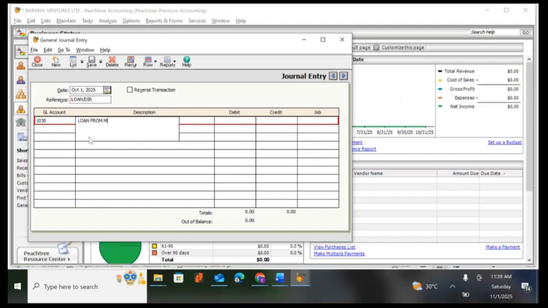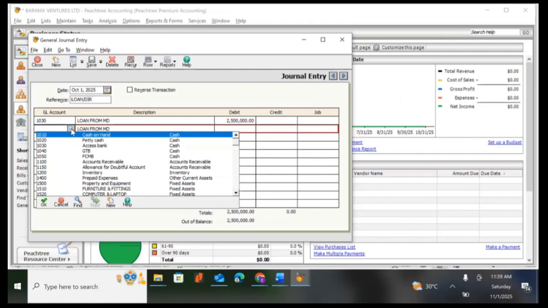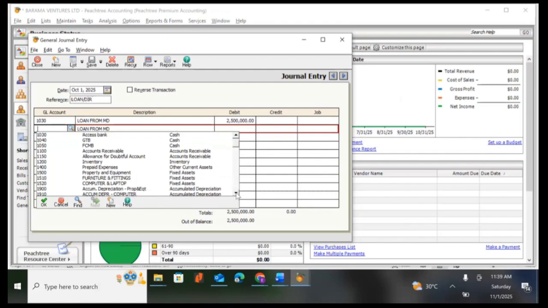Loan from MD is 2.5 million. Then the director's current account: we are going to credit the director's current account, so it can even net off. We first loaned him money and he loaned us money. So the net off is what we are going to pay.